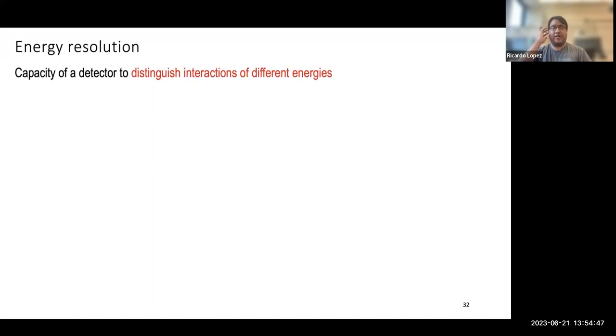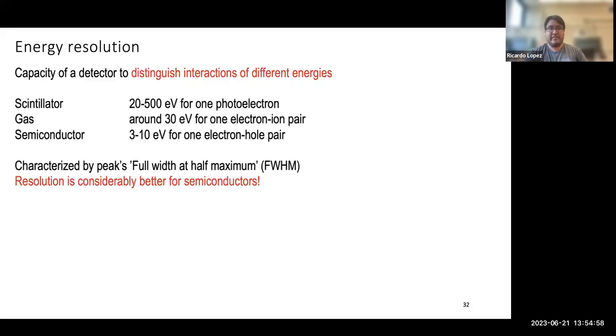Now, finally, there's a very important aspect with regards to gamma ray detectors, which is the energy resolution, which is the capacity of a detector to distinguish the interactions of different energies. The way the detectors convert the initial energy deposition to a signal is sufficiently different that different amounts of energy deposition are used to create the carrier for the ultimate signal event.